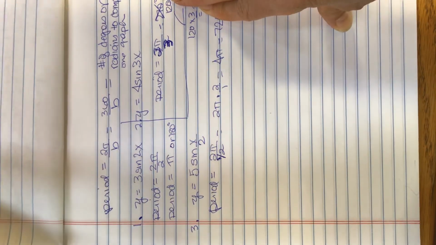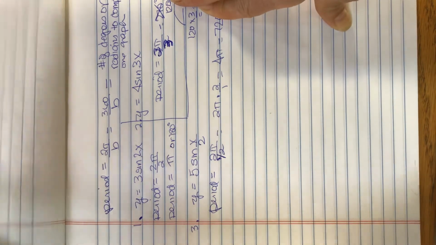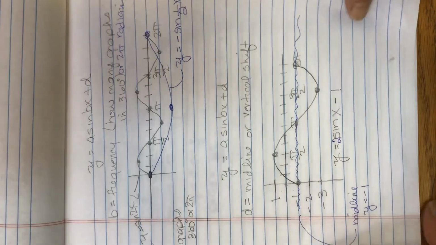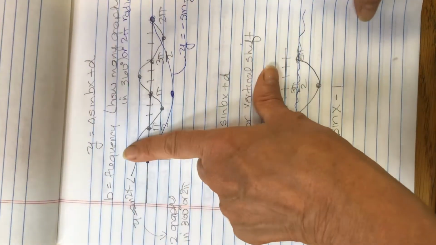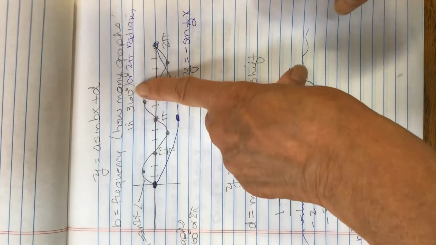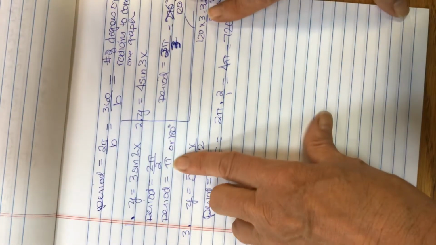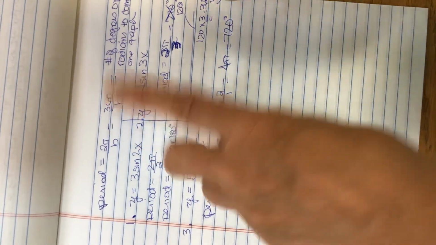If I go back, remember the frequency is how many graphs in 360 degrees, or 2 pi radians. So this is supposed to have a frequency of 2.